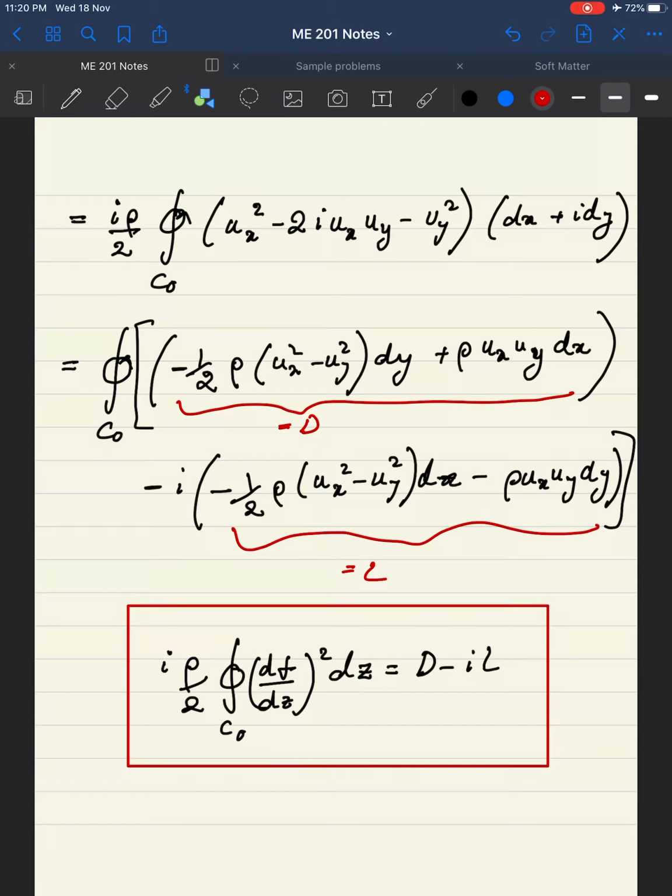Okay, and this is... I always write this u, that is not correct. This is the Blasius integral law.